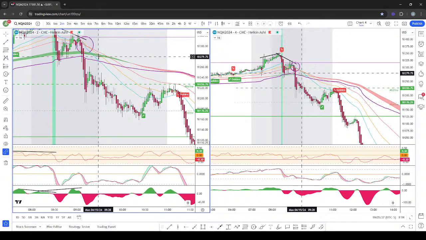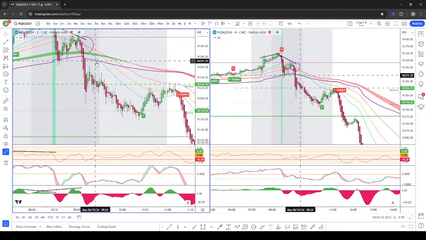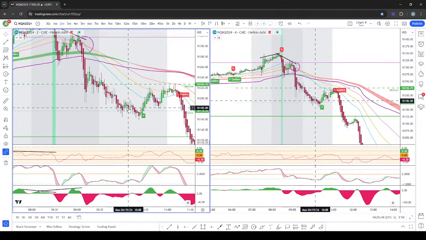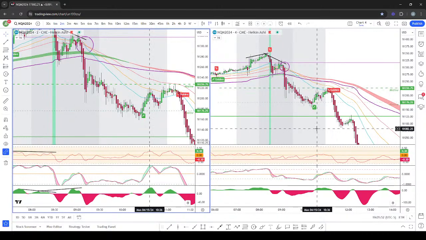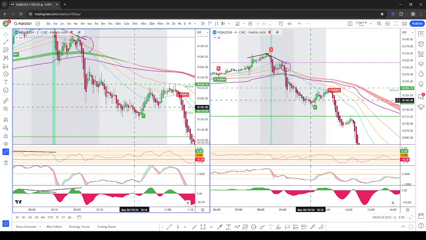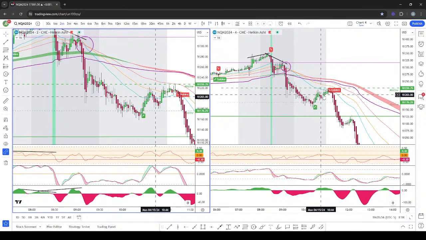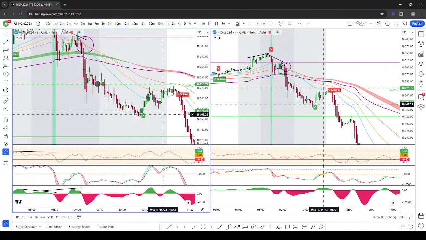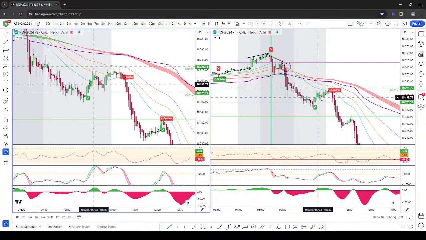So once you get a nice sequence in here of red, orange, and teal, on the pullback, you could enter a trade to take that short. Or the next best thing that you can do is wait for the pullback to come up and then just wait for a signal, wait for a trading oracle signal.